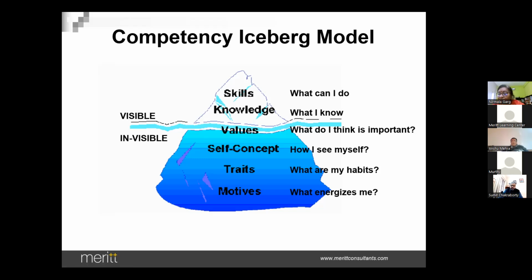We have to use different instruments and different tools. You getting me? Now, to test motives, there are a lot of psychometric tests. For example, there's a very popular one, I'm sure all of you have heard about it. There is something like the TAT test.